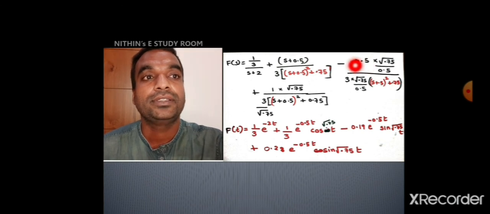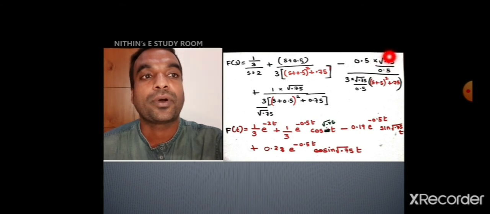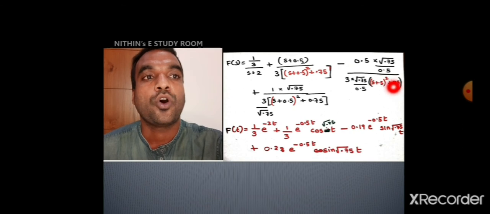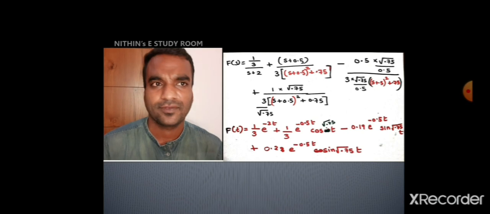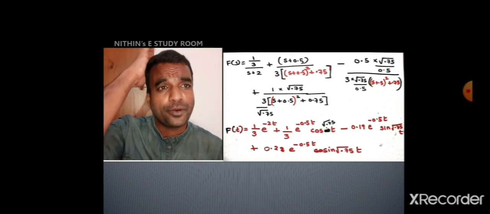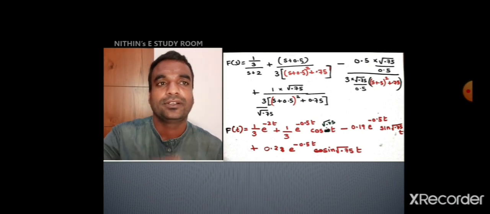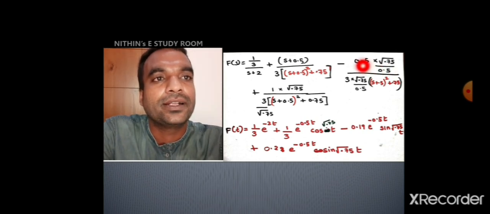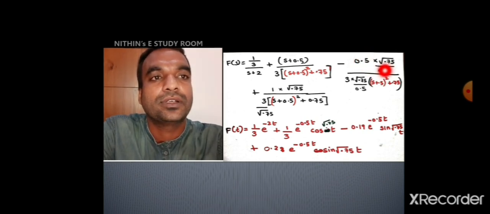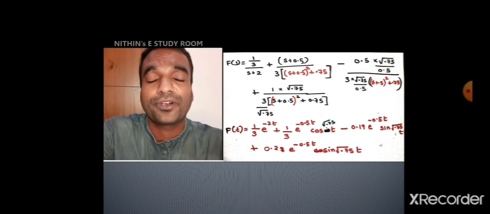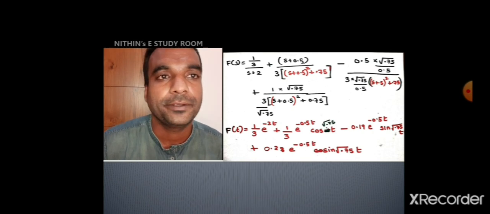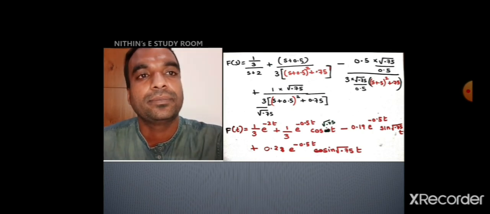And with that minus 0.5, I want root of 0.75 here because in the denominator it is s square plus omega square, so in the numerator we need omega. What is sine omega t? Omega by s square plus omega square. So that's why I am dividing minus 0.5 by root 0.75 and multiplying with root of 0.75. Okay. And the third term is already here.